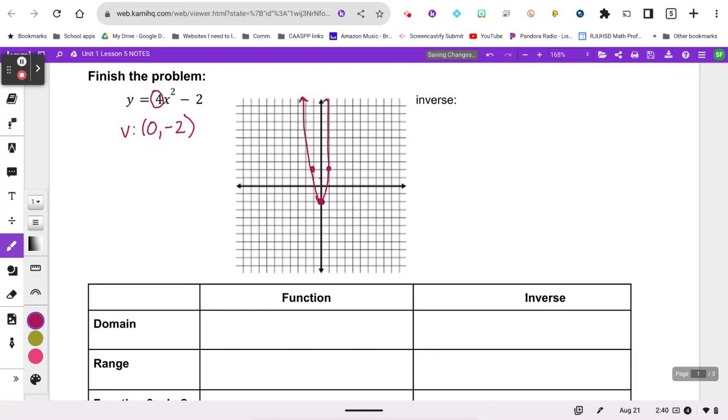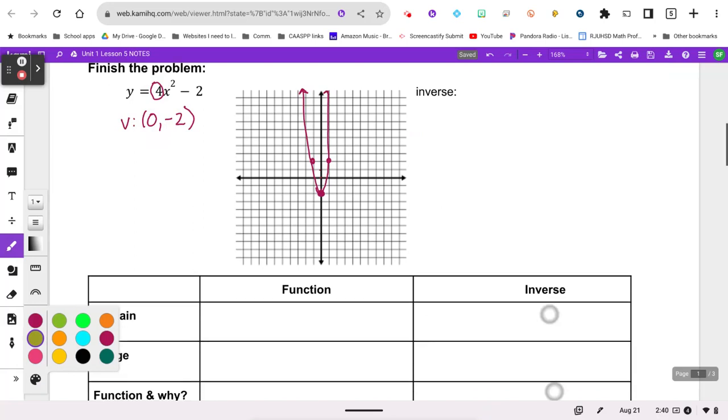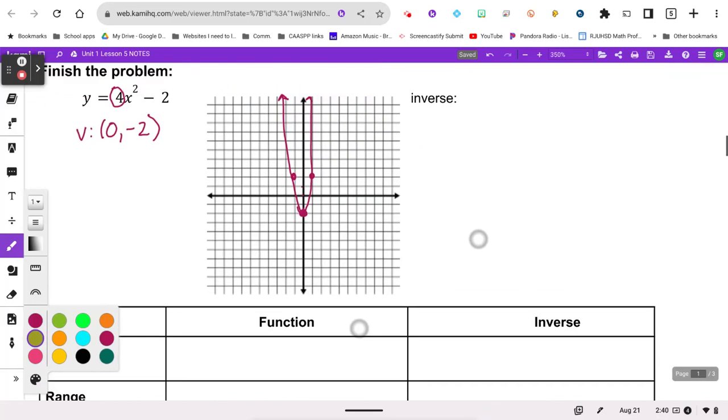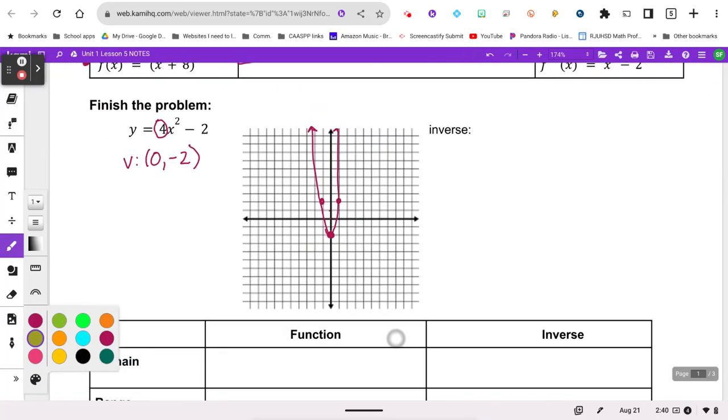Okay, and then if we do our inverse, we're going to go x equals 4y squared minus 2. Add 2 to both sides. I'm going to get x plus 2 equals 4y squared. Divide both sides by 4. I like writing these as fractions, but you can always leave it just like this.